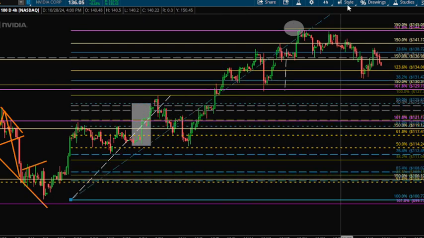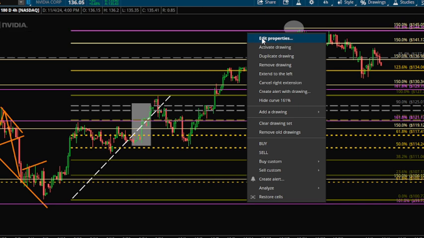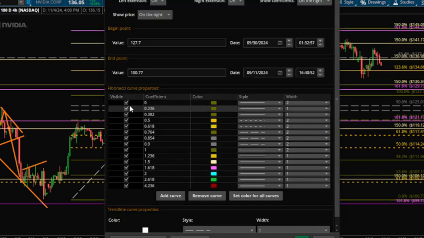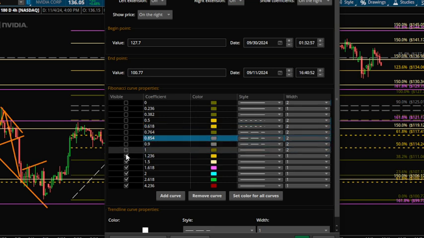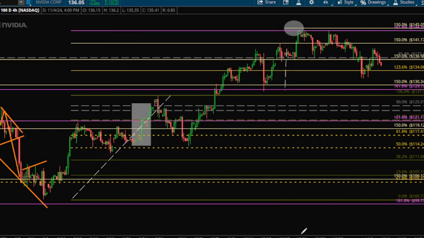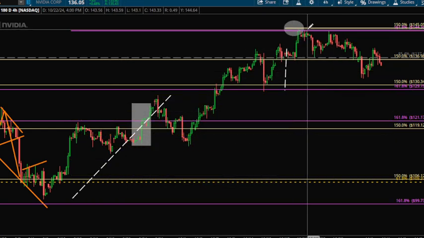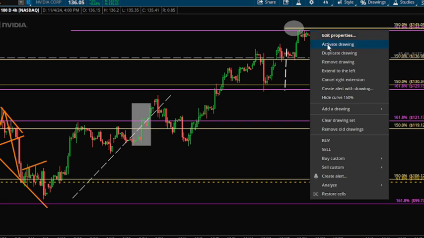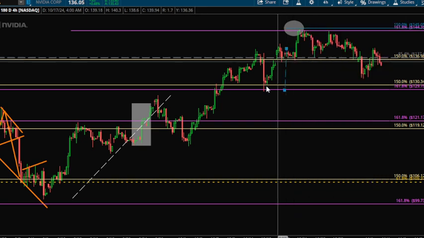Look at that. Boom. These two overlap. Where did that 150 come from? If I activate it, it'll highlight it. There. Okay, from that measurement there.